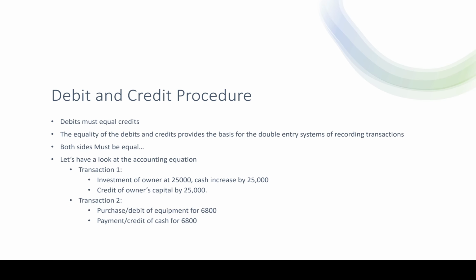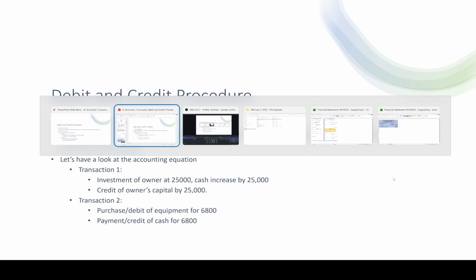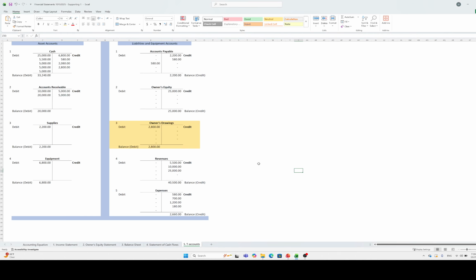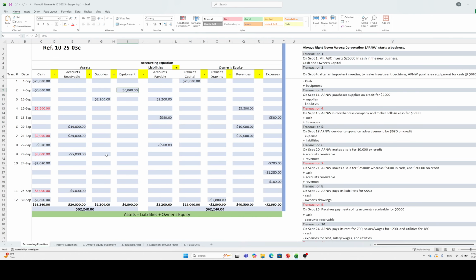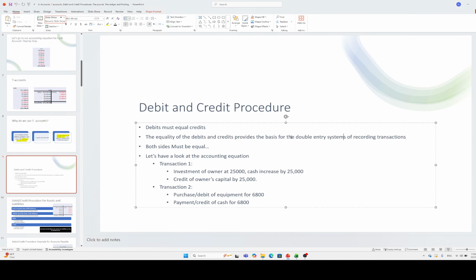Let me give you an example. If you recall from this case study, on September 1st, Mr. ABC invests $25,000 in cash in the new business. This refers to the investment of the owner, 25,000.